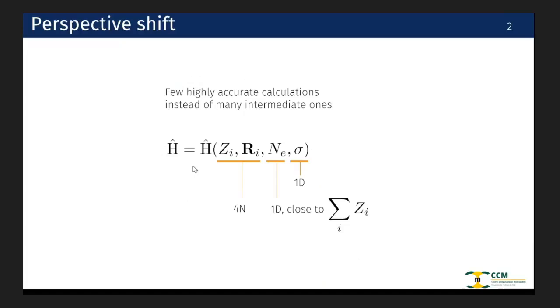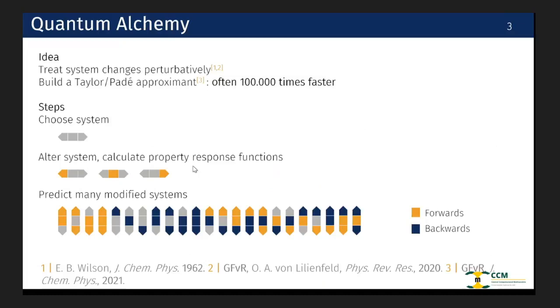So the derivative of the energy with respect to position is what? The force. Exactly. The derivative is the negative of the force. But what people usually don't do is take the derivative with respect to nuclear charges. That's perfectly fine. You can do it, and I will show you what you can do with this.